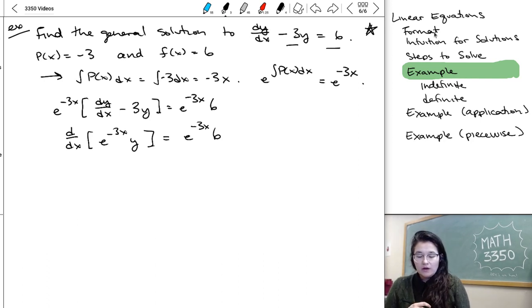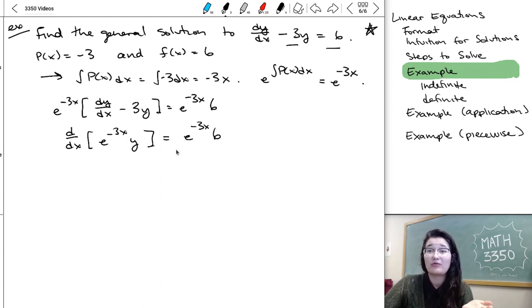So the right side is unchanged, but on the left side, we've thought about distributing e to the minus 3x through, thinking about the chain rule and then the product rule, and eventually we're looking at just the derivative of e to the minus 3x times y. And then at this point, once we're in this form, where the left side is all one derivative together, we can go ahead and integrate everything.